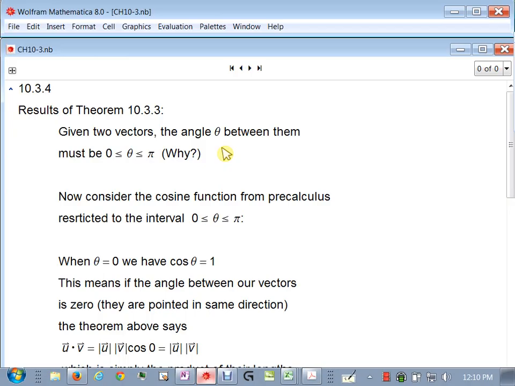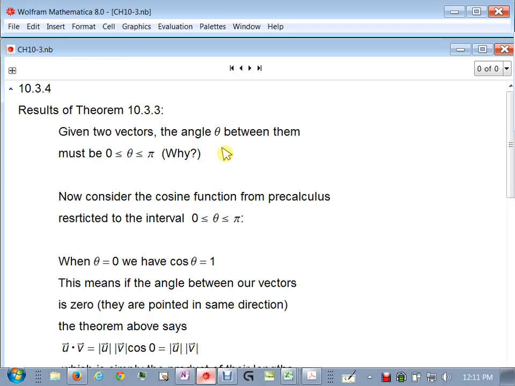Let's say I have two vectors. To talk about the angle between them, I want to put them tail to tail, not tip to tail, and measure the angle between those two. Why does that angle have to be between 0 and pi? Well, at 0 they would be parallel vectors.